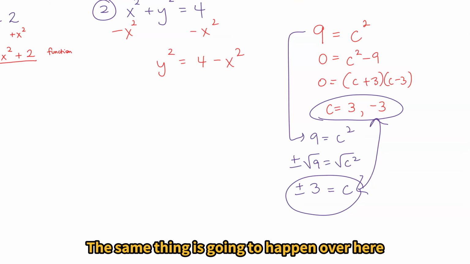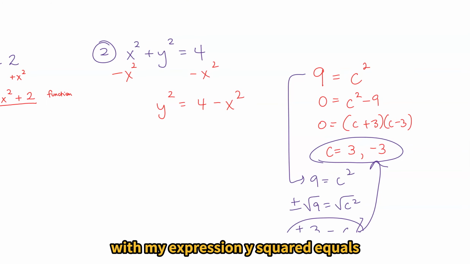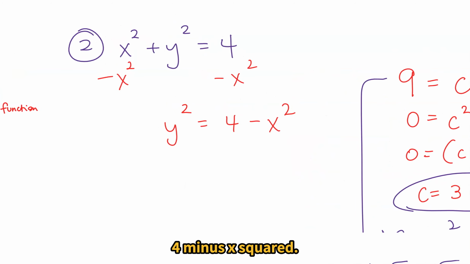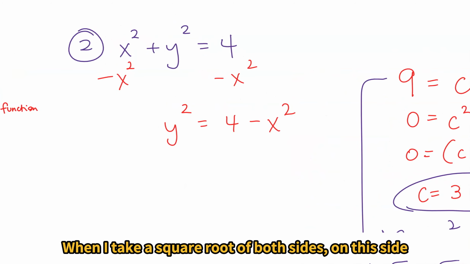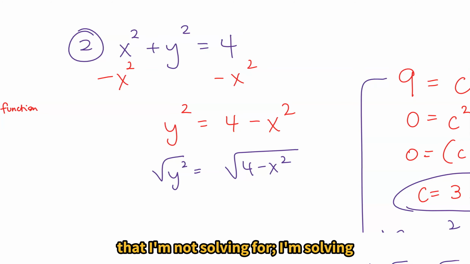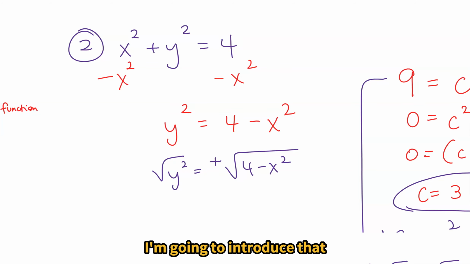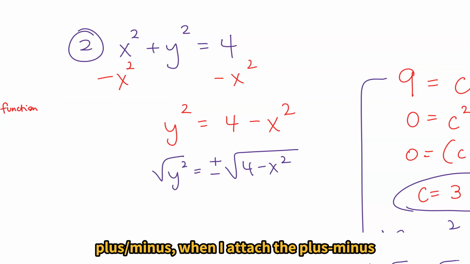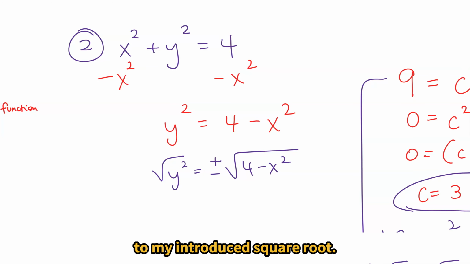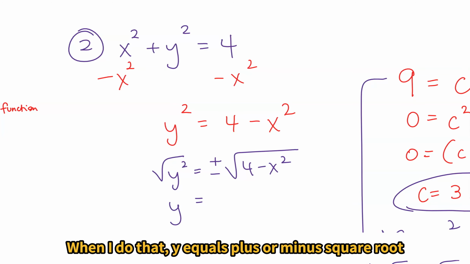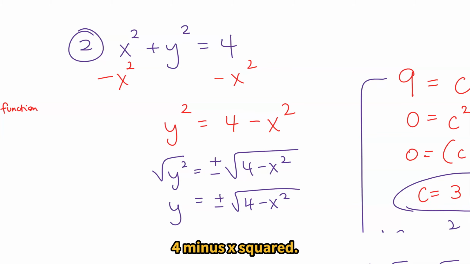The same thing's going to happen over here with my expression. Y squared equals 4 minus x squared. When I take a square root of both sides, on the side that I'm not solving for, I'm solving for y. So on the other side, I'm going to introduce that plus minus. I'm going to attach the plus minus to my introduced square root. When I do that, y equals plus or minus square root 4 minus x squared.